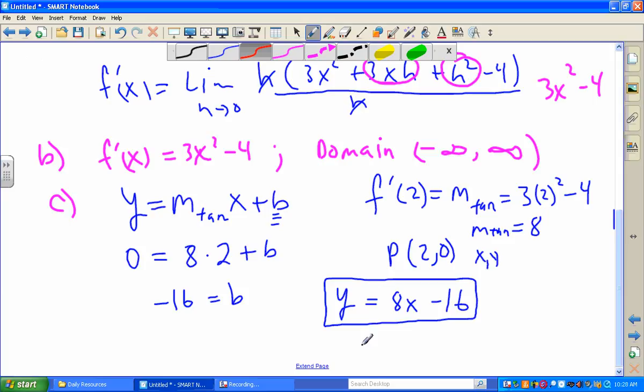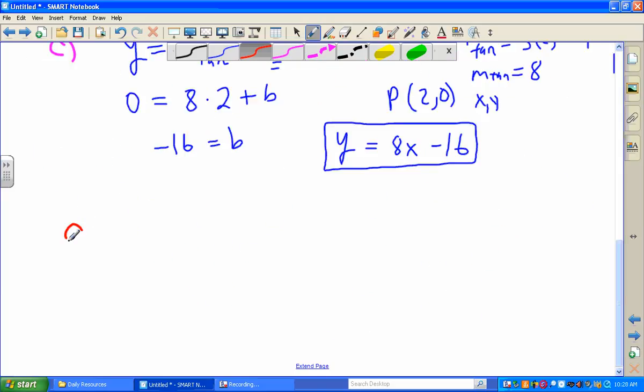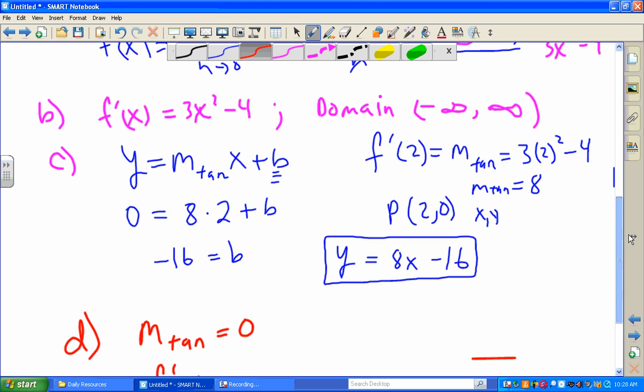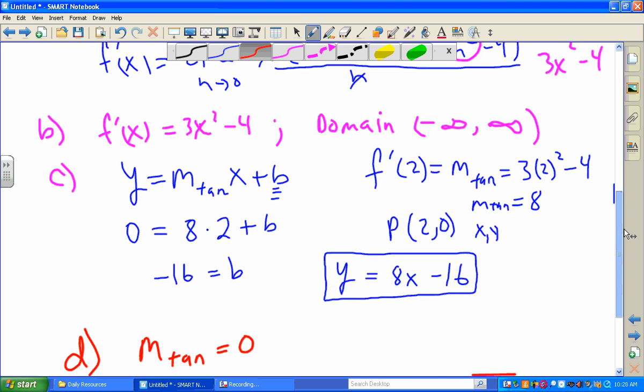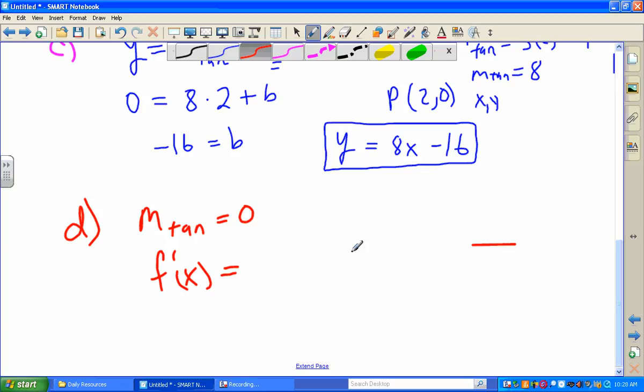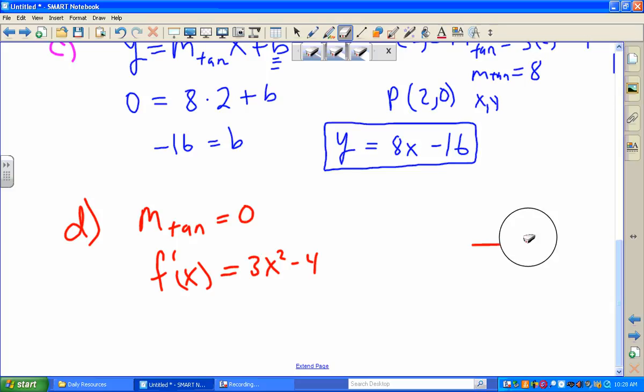So, for part D, if the slope of the tangent line is supposed to equal 0, and the slope of the tangent line is the derivative, that means I could put in 3x squared minus 4, and I can set it equal to 0 and solve for x.